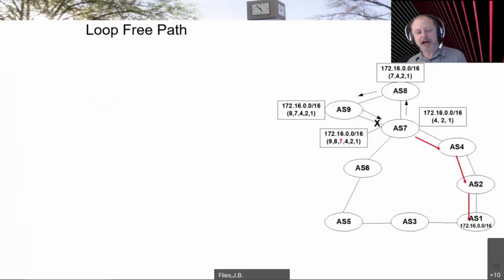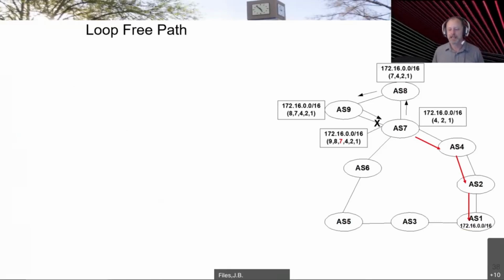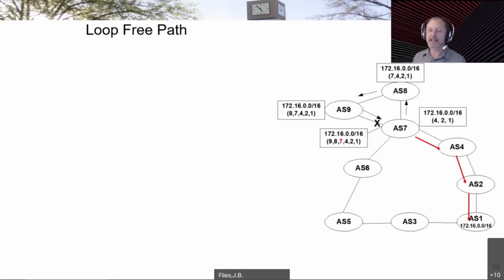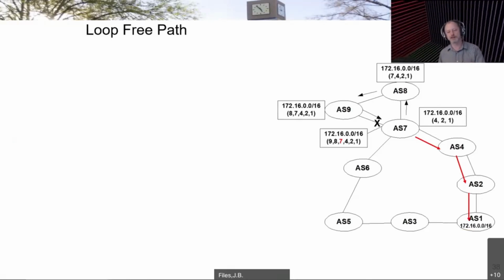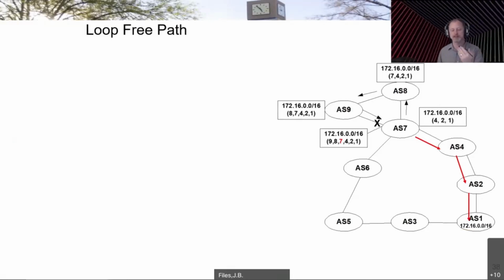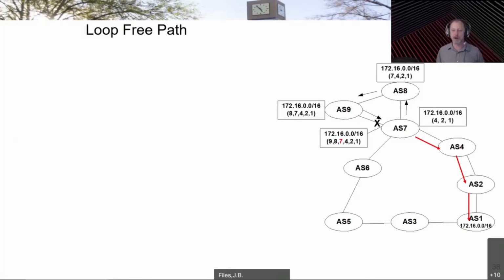In this case, Autonomous System 7 knows that it can get to that autonomous system in the lower right by going through Autonomous System 4, then Autonomous System 2, then AS1.